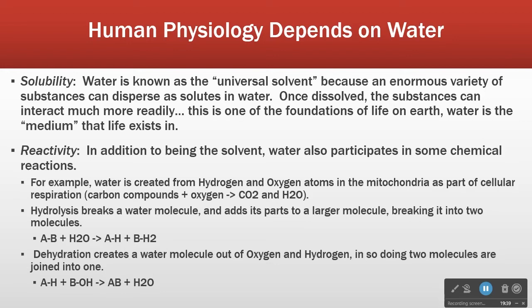So that's a hydrolysis, breaking things apart. Hydrolysis is the primary way we digest, so we take in very large organic compounds in our food, and in order to have those compounds be useful to us, we have to break them down into simple sugars, carbohydrates, or fatty acids.